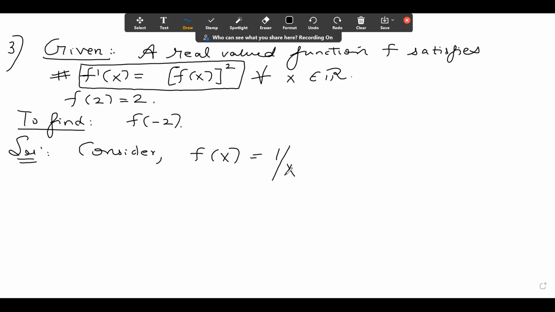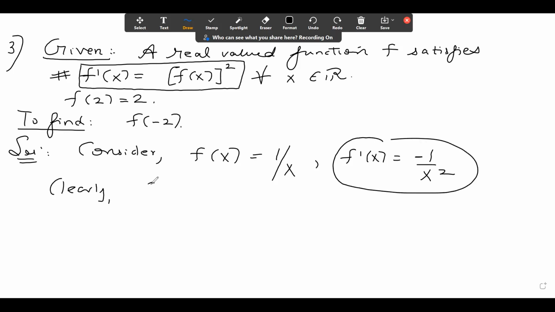Then what is f dash x? If you differentiate, you get -1 by x square. And clearly you can observe that f dash x is nothing but f of x whole square.